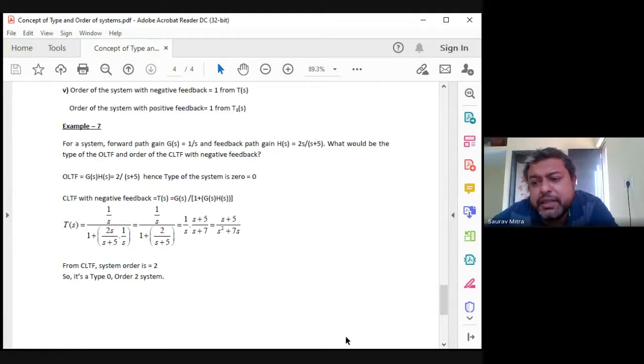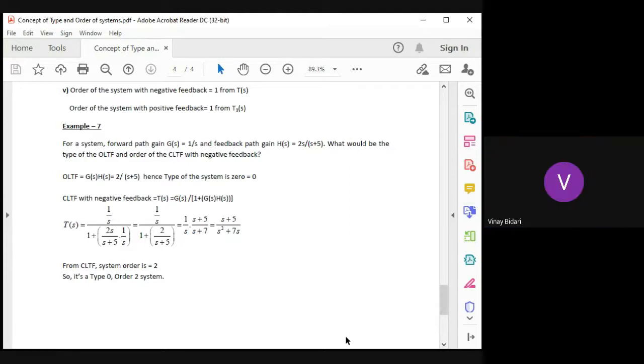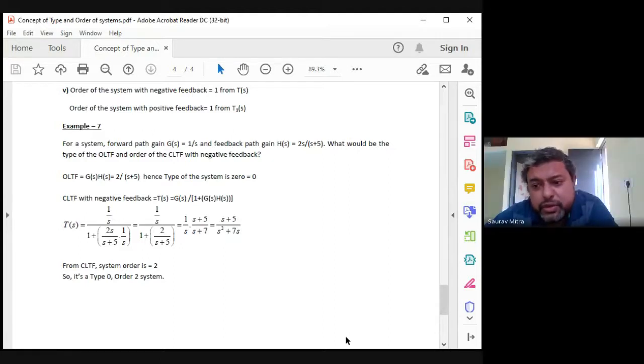ESS suffix t, that is steady state error in time domain, is equal to limit t tends to infinity e(t). I will upload all this, तुमको मिल जाएगा. And the same thing in Laplace domain is limit s tends to 0, s into E(s), because t जहां पे infinity है s 0 है, s जहां पे infinity है t 0 है.